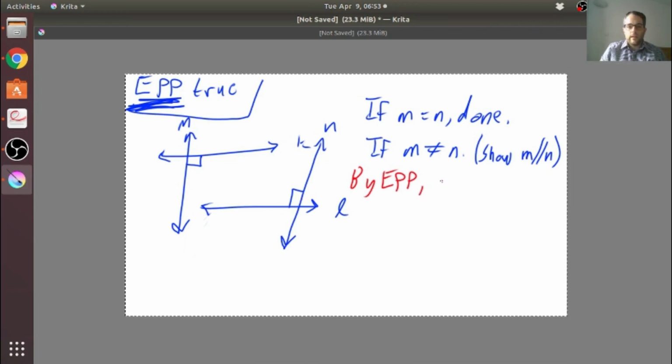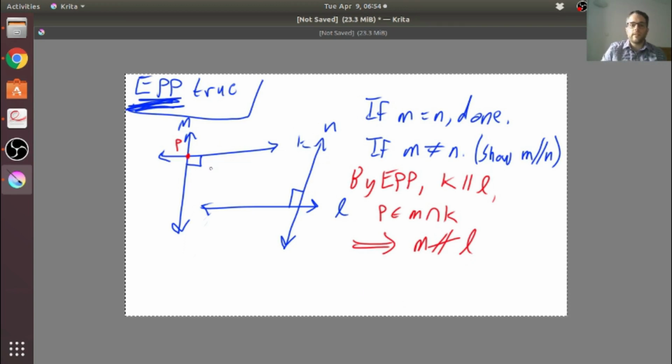I know that K is parallel to L. And there's this point P in M intersect K, right? I've got a point at which M and K meet, right? M and K are perpendicular, so they meet at a point P. Also, I know that K is parallel to L. Well, what that means, according to the Euclidean parallel postulate, that means that M cannot be parallel to L, right?